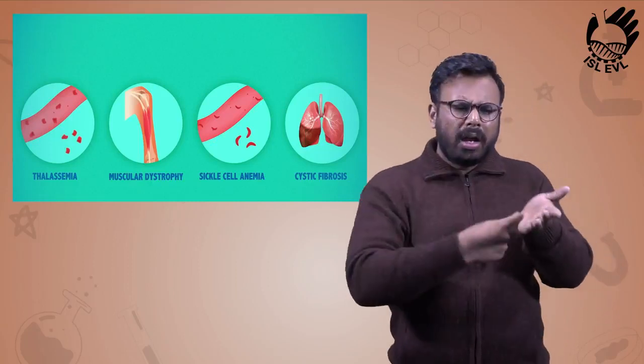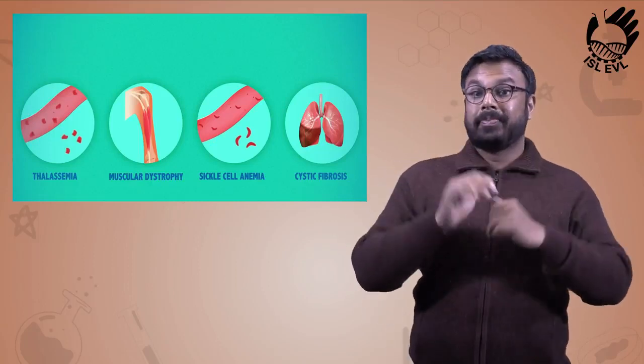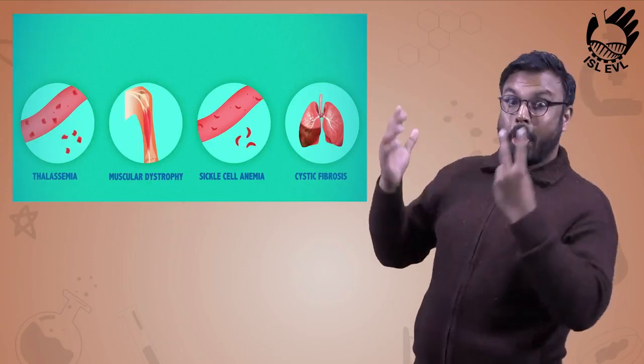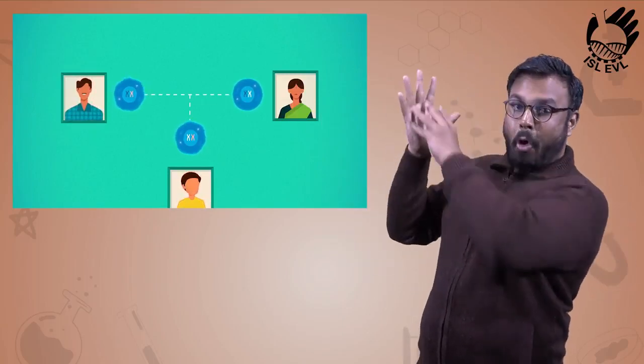In case of recessive mutations, both the copies of a gene need to be mutated to cause a disease. People with just one copy of such a recessive mutation feel healthy and are often unaware of the mutation they carry in their gene.